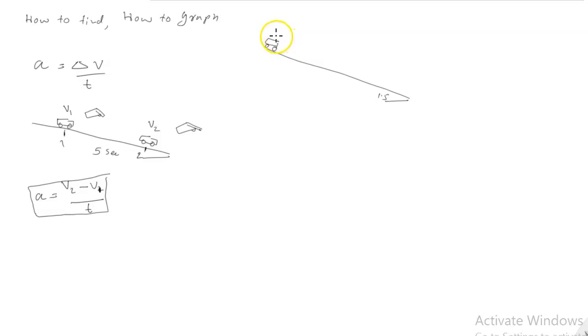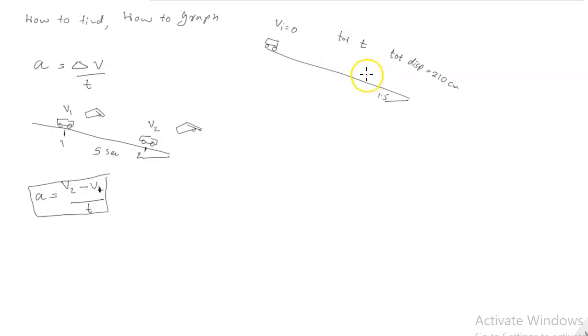What we did was we let it go all the way to the end of the ramp and we measure the total time and we measure the total displacement, which is 210 centimeters from top to the end. We also had the initial velocity. Since we're going to release it from rest, initially it's 0. But we didn't know the velocity at any other point. We didn't have a second velocity.